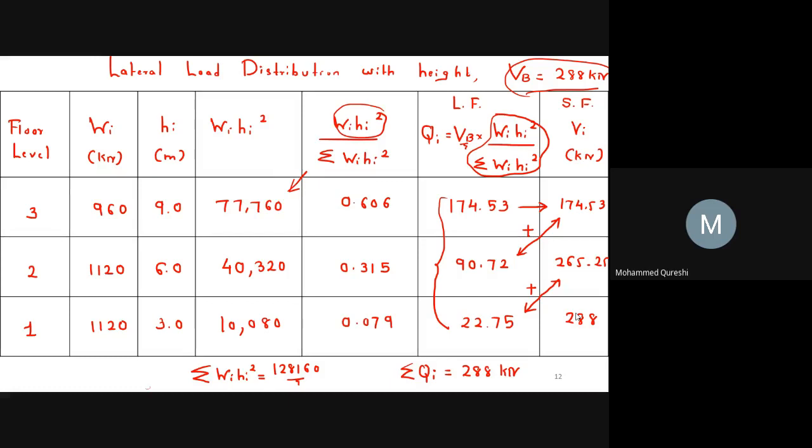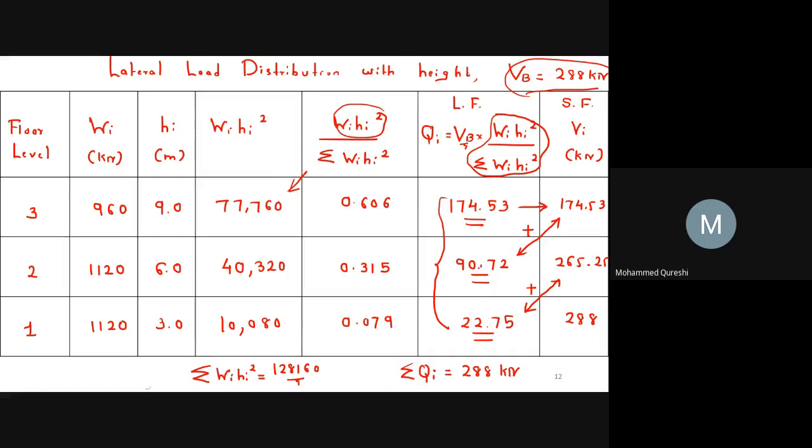So for third floor you achieve the value of lateral force as 174.53 kilonewton. For second floor level, you achieve the value of design lateral force as 90.72, and design lateral force at first floor level is 22.75 kilonewton.